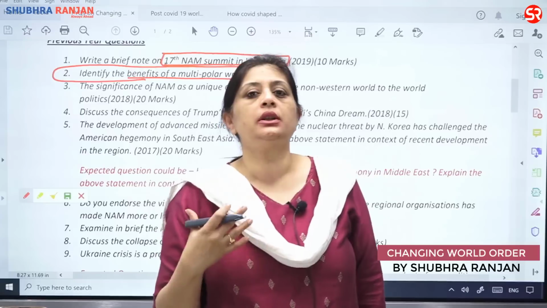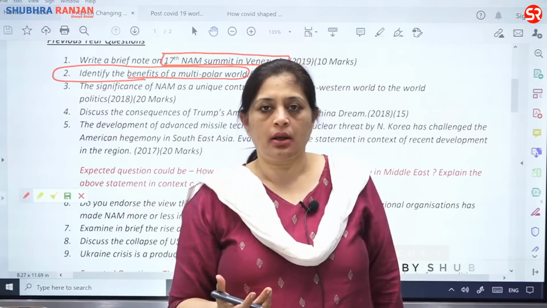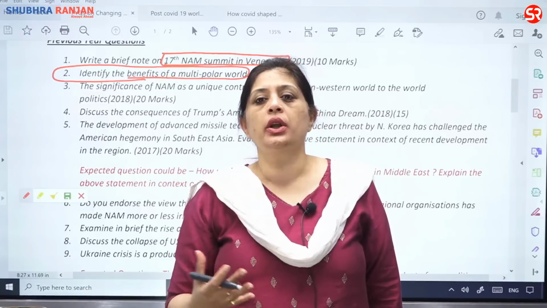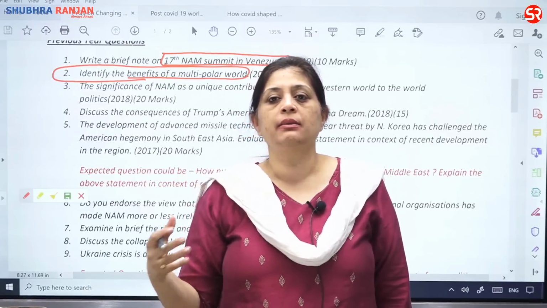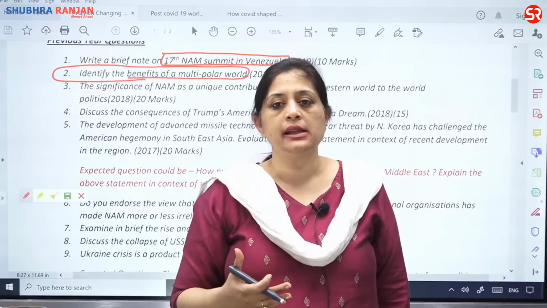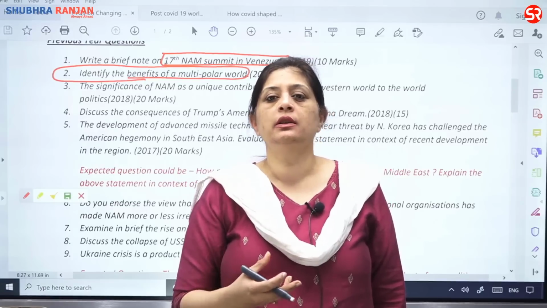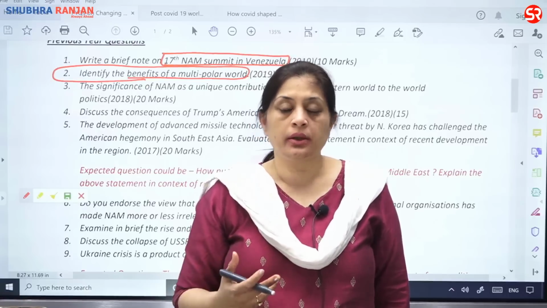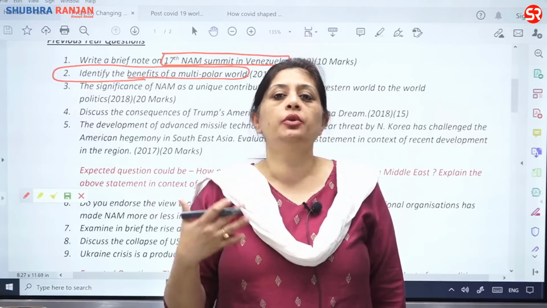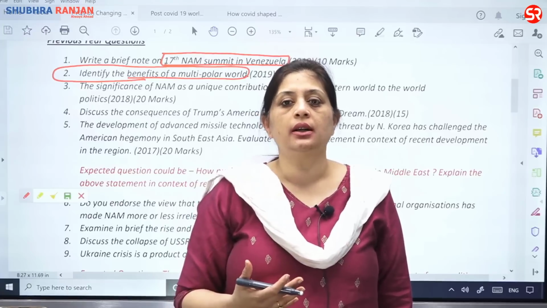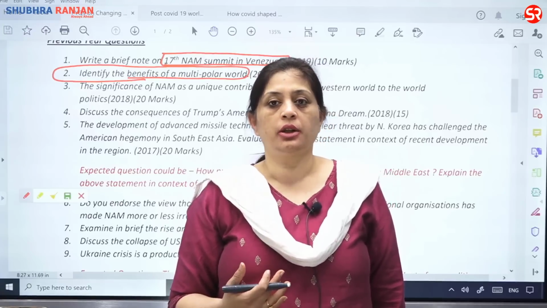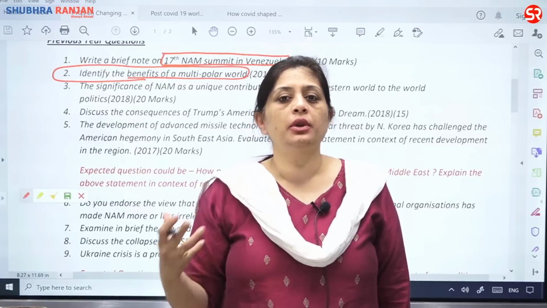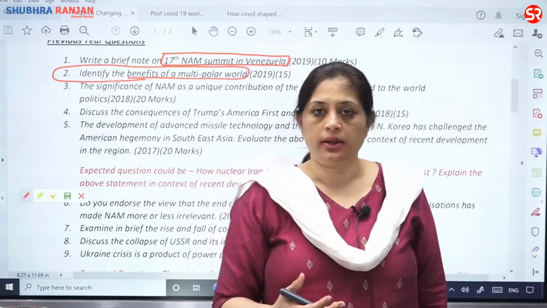As the political order is changing, whether we will be moving from Pax Americana to Pax Sinica, or we will witness a multipolar world. What does the multipolar world mean for India? How does India look at it, and to what extent is a multipolar world in India's interest?